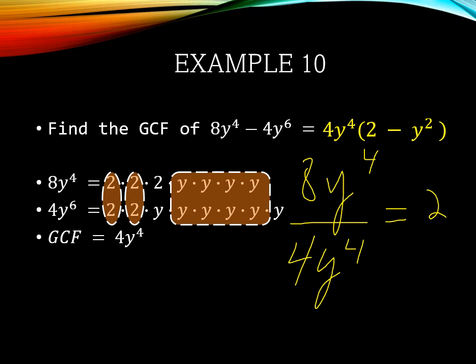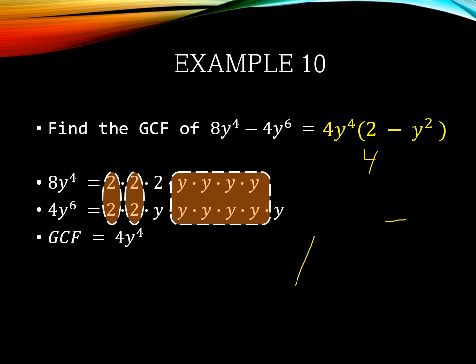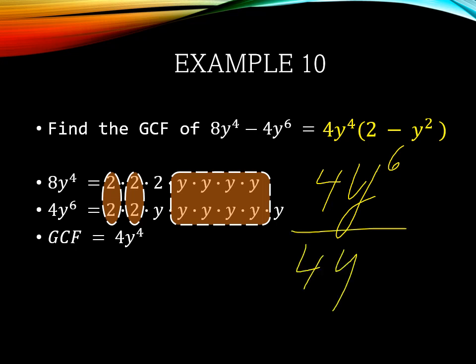Then we have 4. Then we have 4y to the power 6 divided by 4y to the power 4. The answer is y squared.